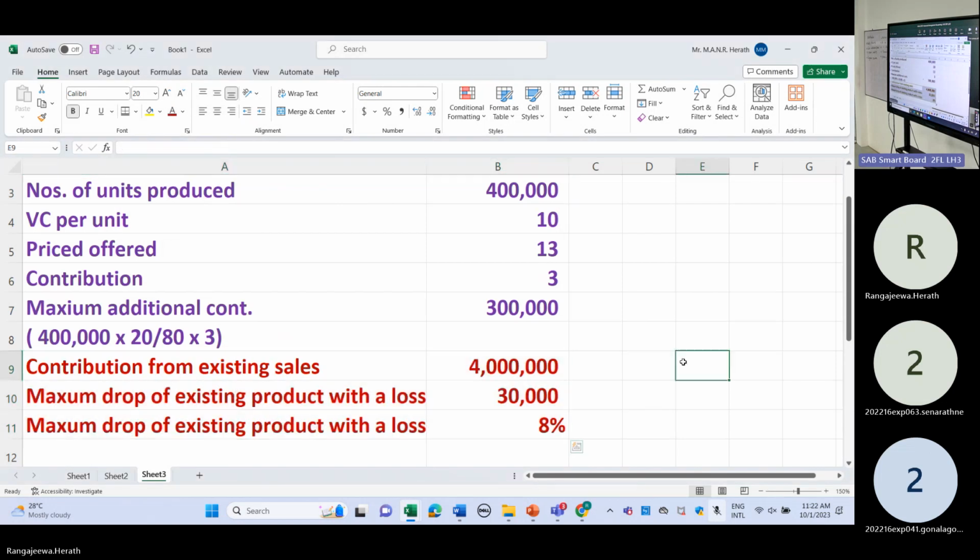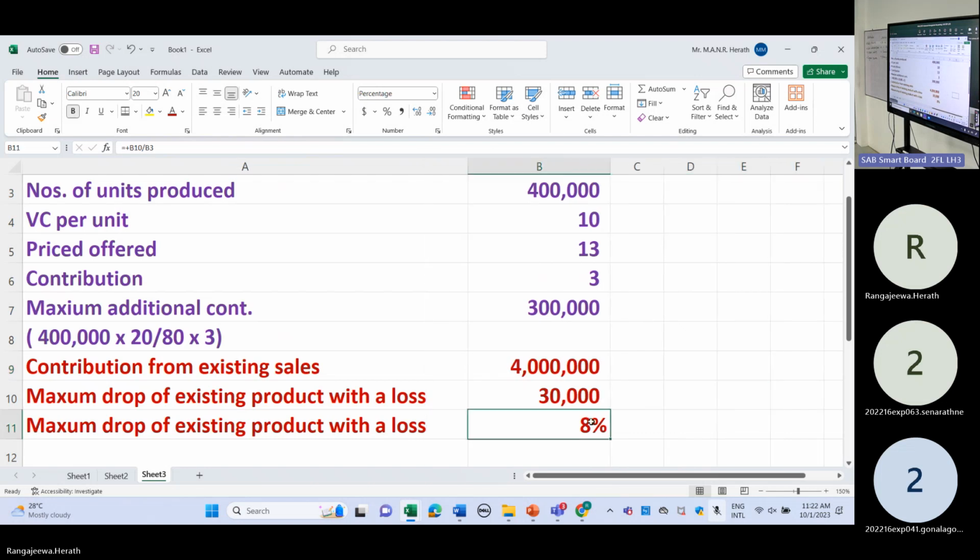But in decision making, we have to consider these factors. How many units of sales? So if our sales drop by 5%, right? That means by 20,000 units, there's a 200,000 loss. So the net contribution becomes 300,000 minus 200,000, only 100,000 gain.